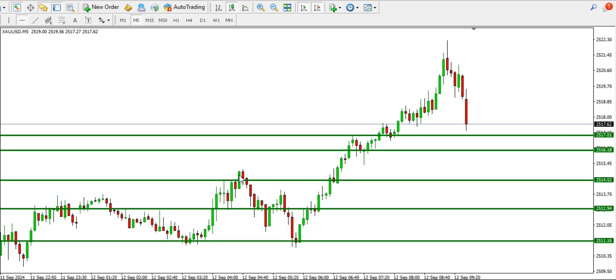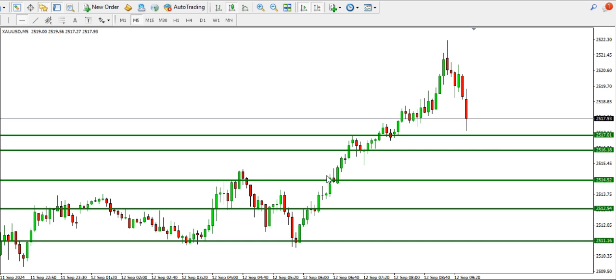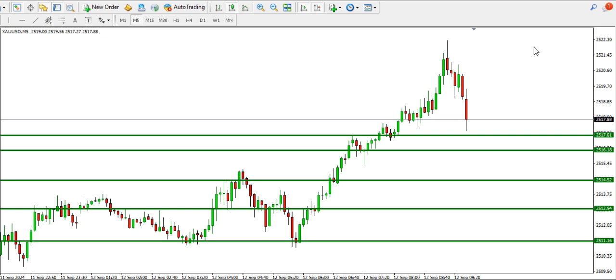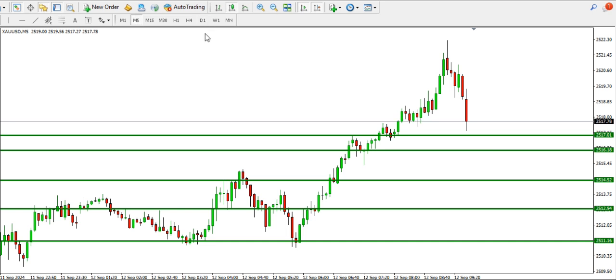That is if the 2516 level fails and buyers are unable to come in at 2516. The sure best level is the 2514 level, where buyers might surely come in. But the overall direction of the price of gold is bullish. So you might want to look at buying around 2517, 2516, 2514, 2512 to target the resistance area, which is the 2528 area for now.